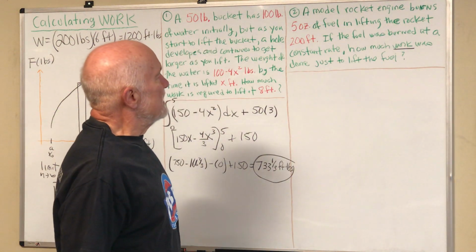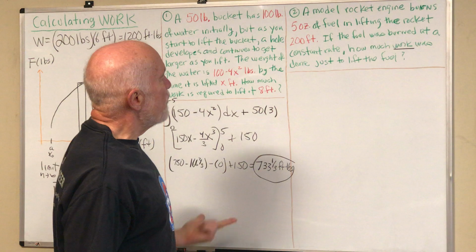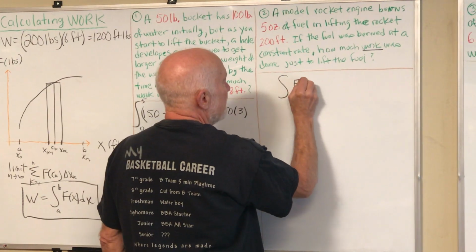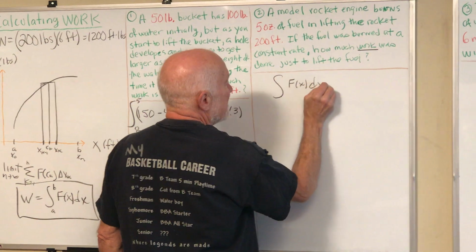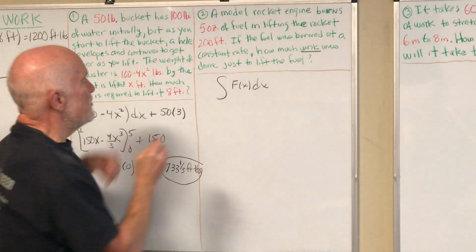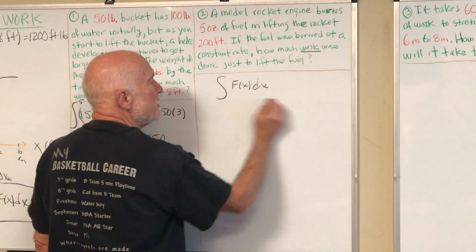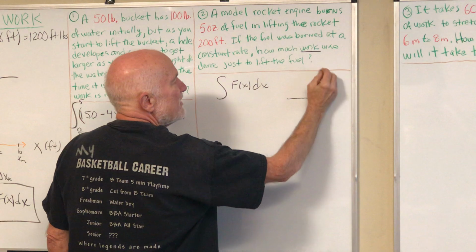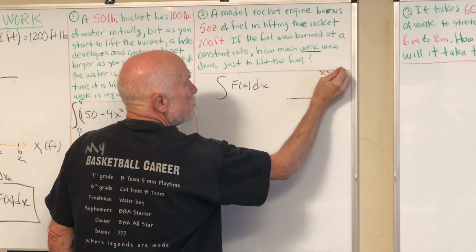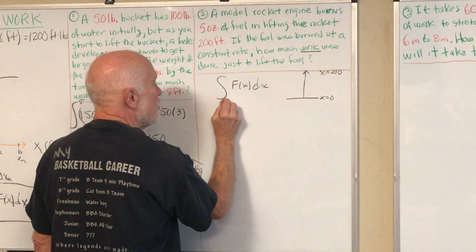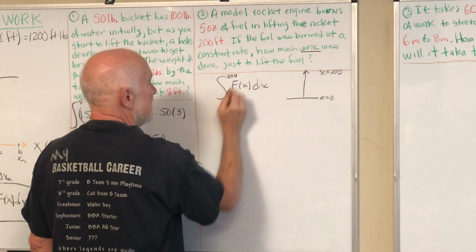So what we have to do is get a force. We know the answer is going to be f of x dx, the force times the distance, and it's over 200 feet. So you could call ground position 0, and then x equals 200 when it gets to its highest point. So we want to go from 0 to 200.